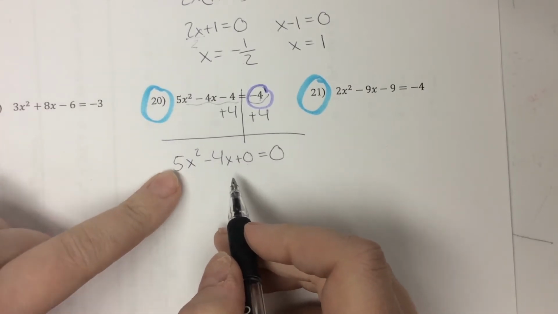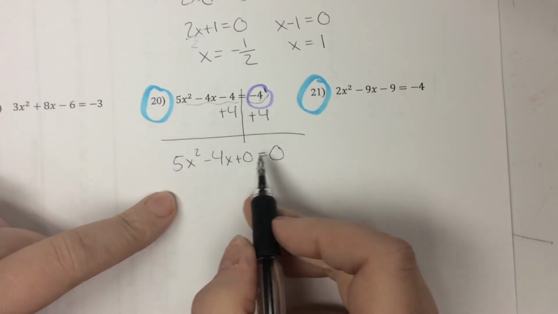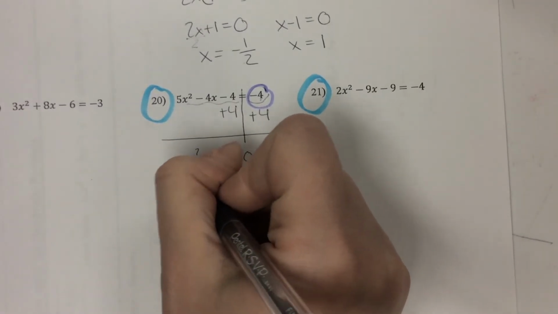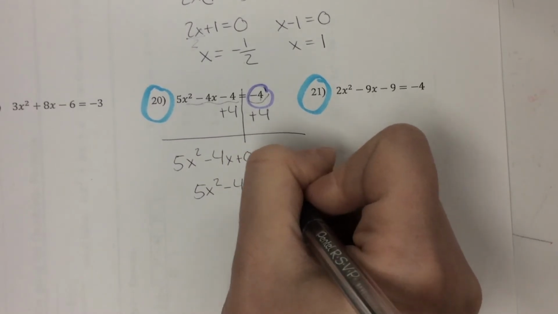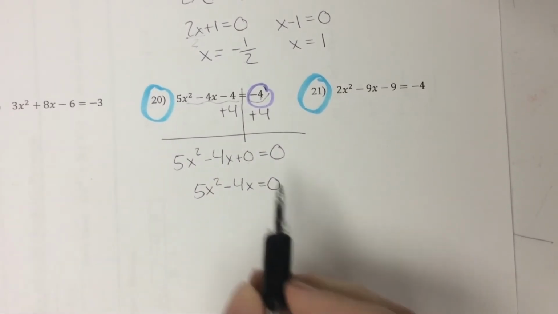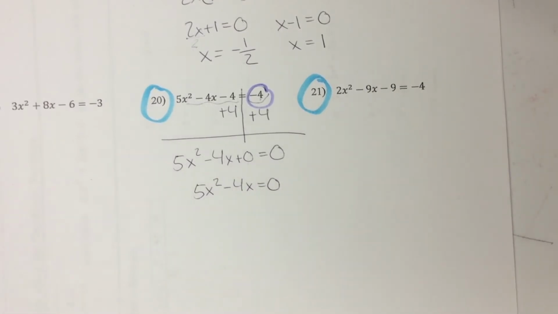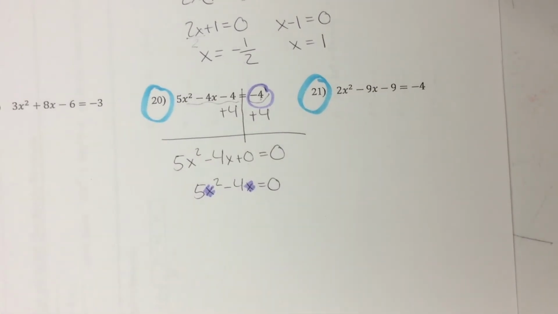All right, so let's see. I'm going to rewrite this so that we have the 5x squared minus 4x without the 0, because I want to show you what happens here. Okay. Now, look for a GCF first. This time we do have a GCF. Both of these terms have at least one x.